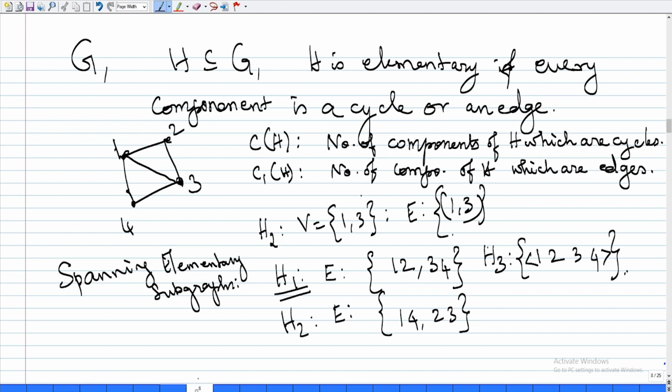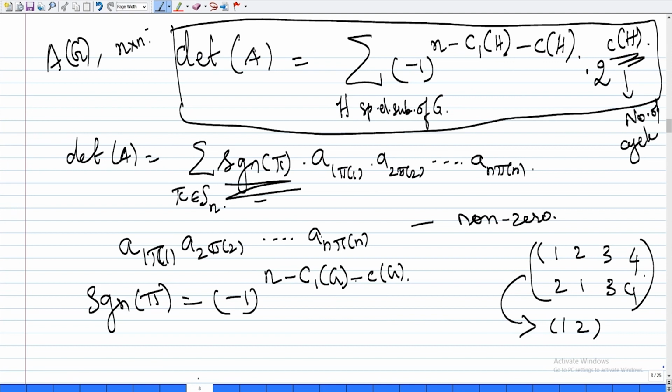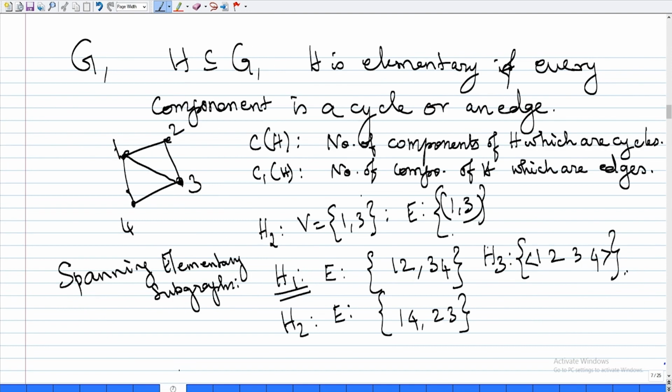If I want to take the sum for this, we have seen for this example there are only 3 elementary subgraphs H1, H2, H3. So what will be the determinant for this? Without computing the determinant we can do it through this formula. Say for H1, what do I have?